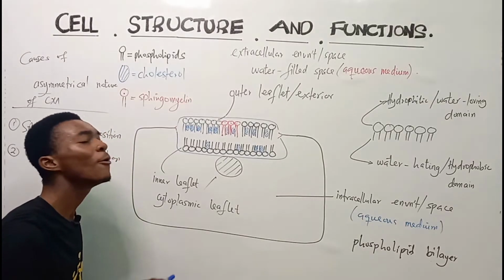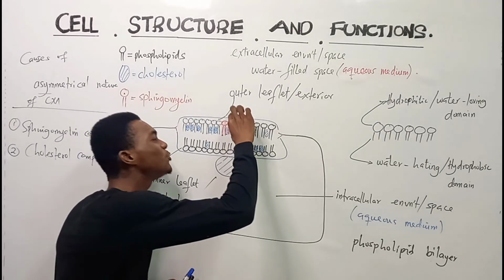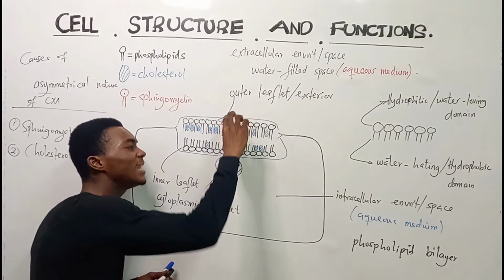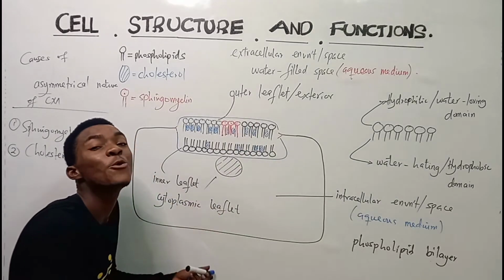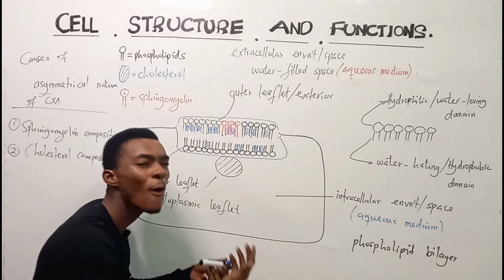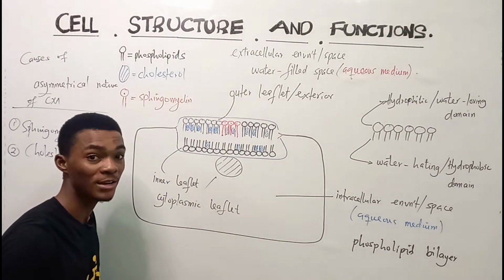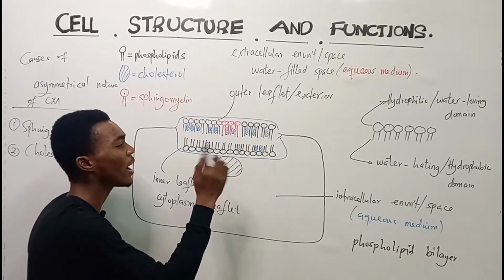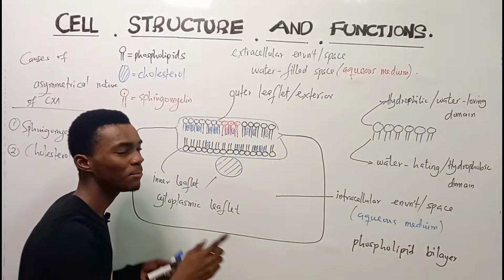So this is the reason why cholesterol molecules are more concentrated in the outer leaflet than in the inner leaflet, because in the outer leaflet there are sphingomyelins, but in the inner leaflet there are none. It's very simple. That is why they are concentrated in the outer leaflet than the inner leaflet. Please take note of that.